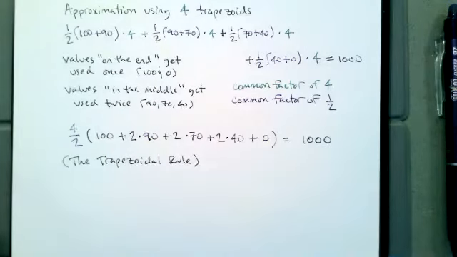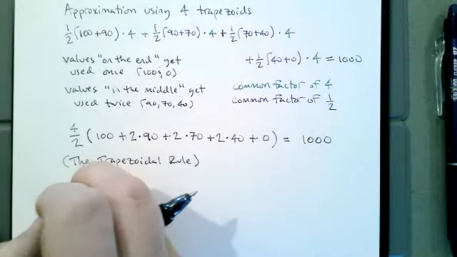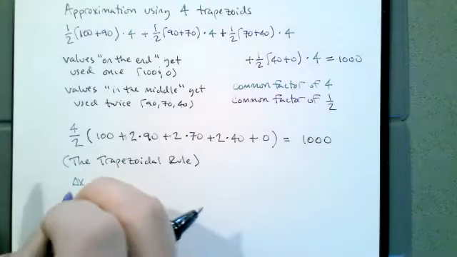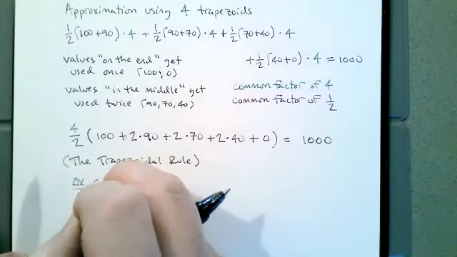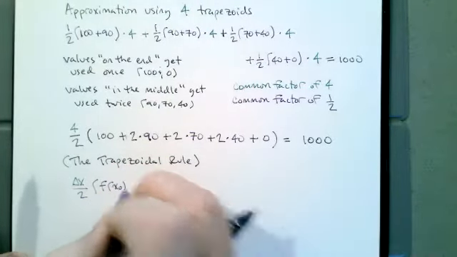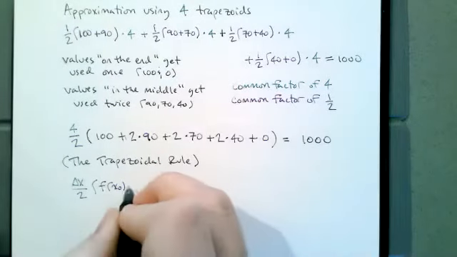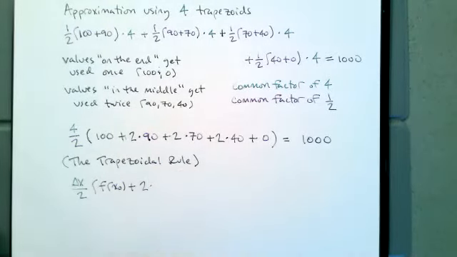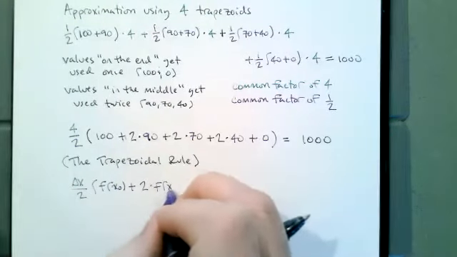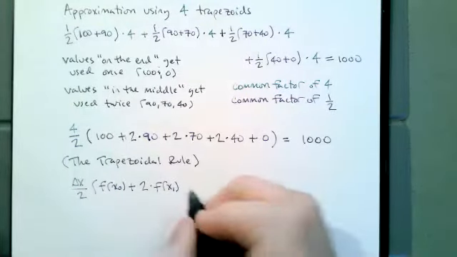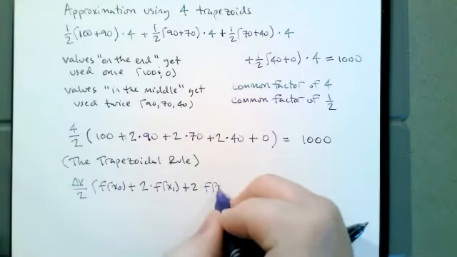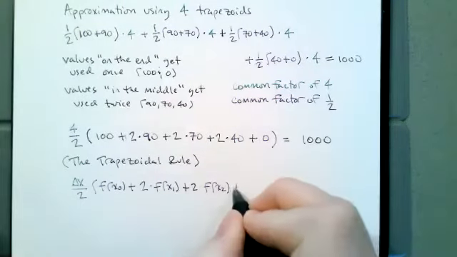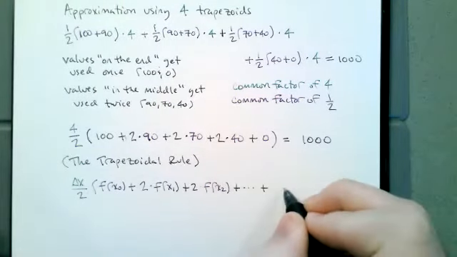So what it would look like in general is we would say delta x over 2, and then we'd use f at x0, because remember, all we're doing is evaluating the function at a bunch of different points, plus 2 times f at x1, plus 2 times f at x2, and so on, until we get to f at xn, where we use 1 time.